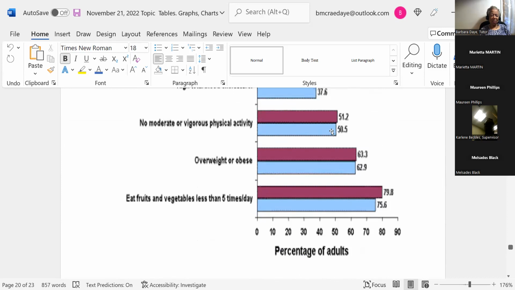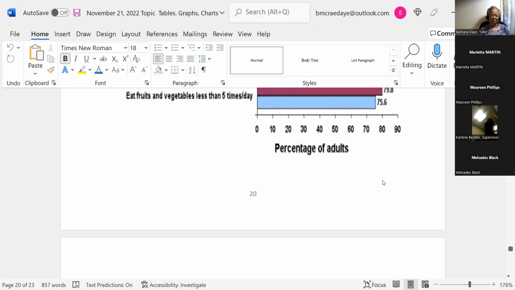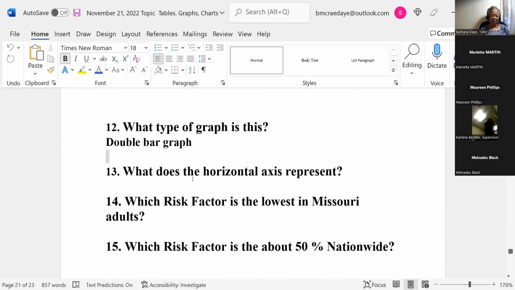Now, let's look at the horizontal. What do you see on the horizontal? Percent. The percentage of adults. That's right. That's what's on the horizontal. So you put percentage of adults.